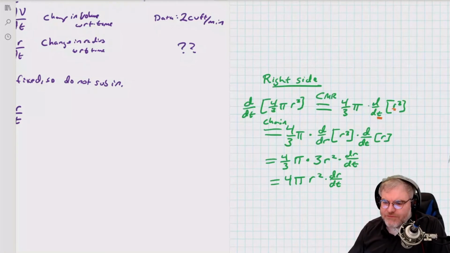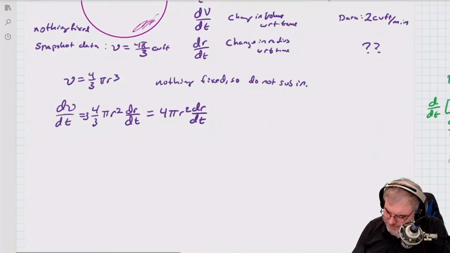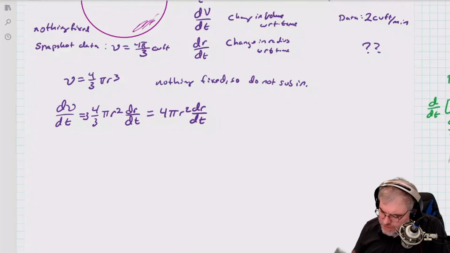All right, so now I've got my derivative. Now sub in. Okay, so what I've got, so snapshot.